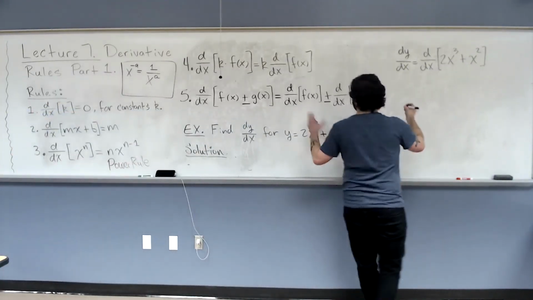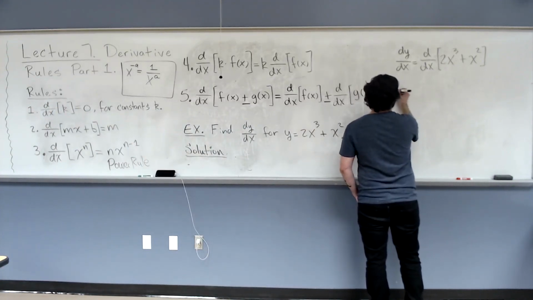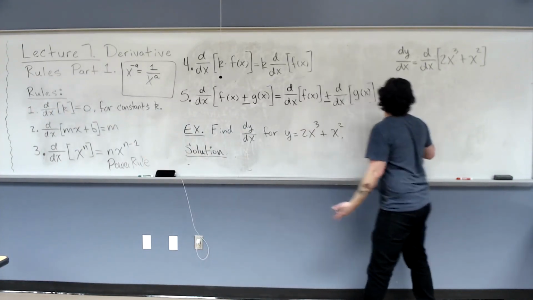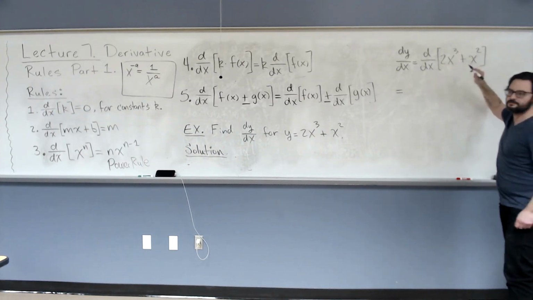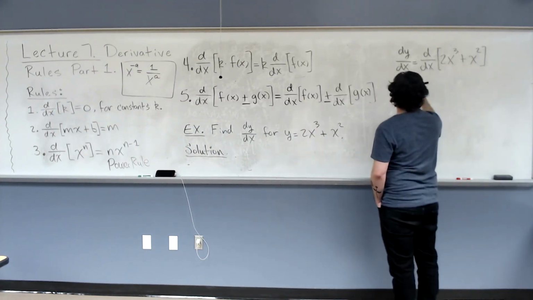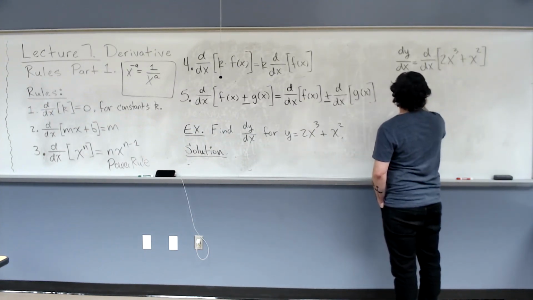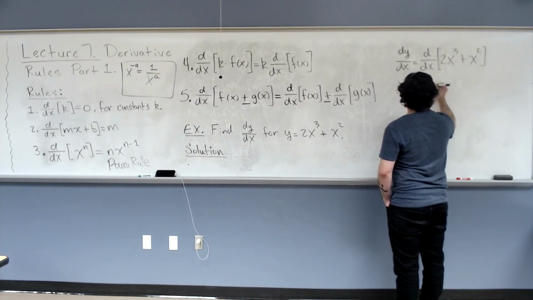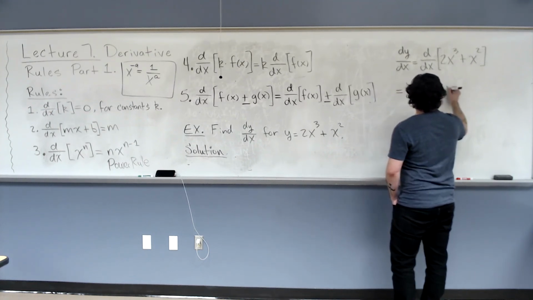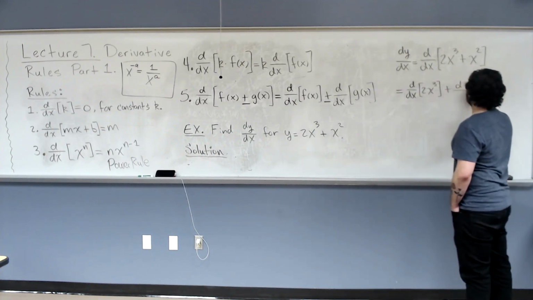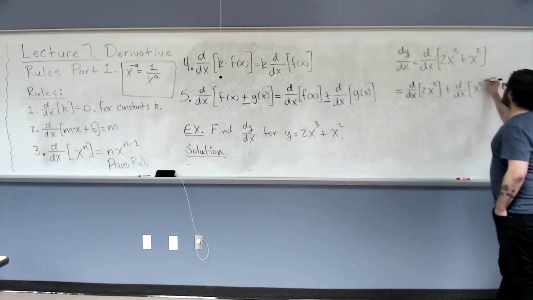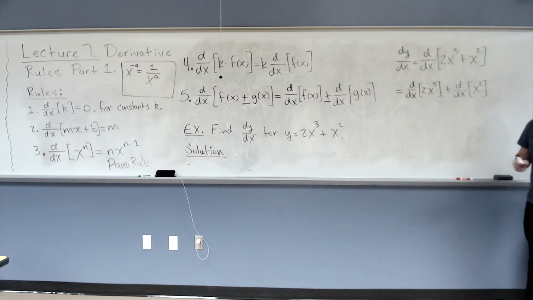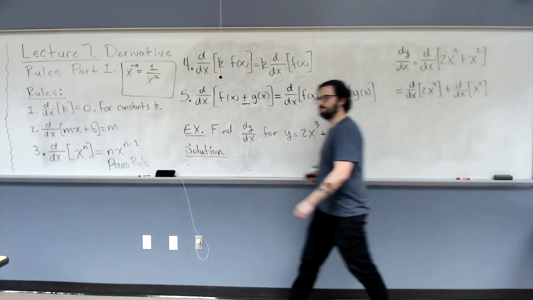And then I can use this sum rule, which we justified by saying that the rate of change of this is dependent on the rate of change there and the rate of change there. So then we can split it up, like that. That's applying the sum rule.